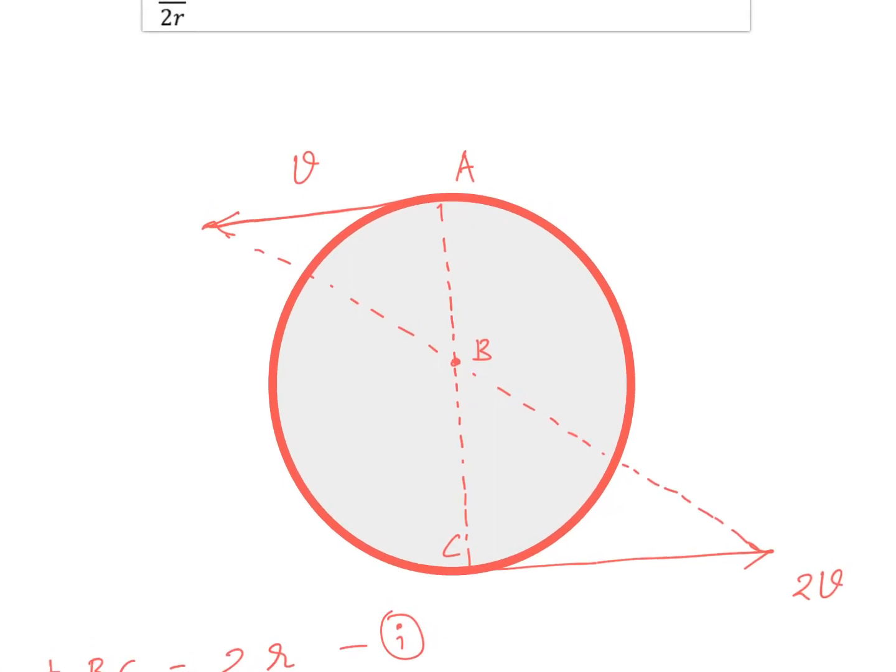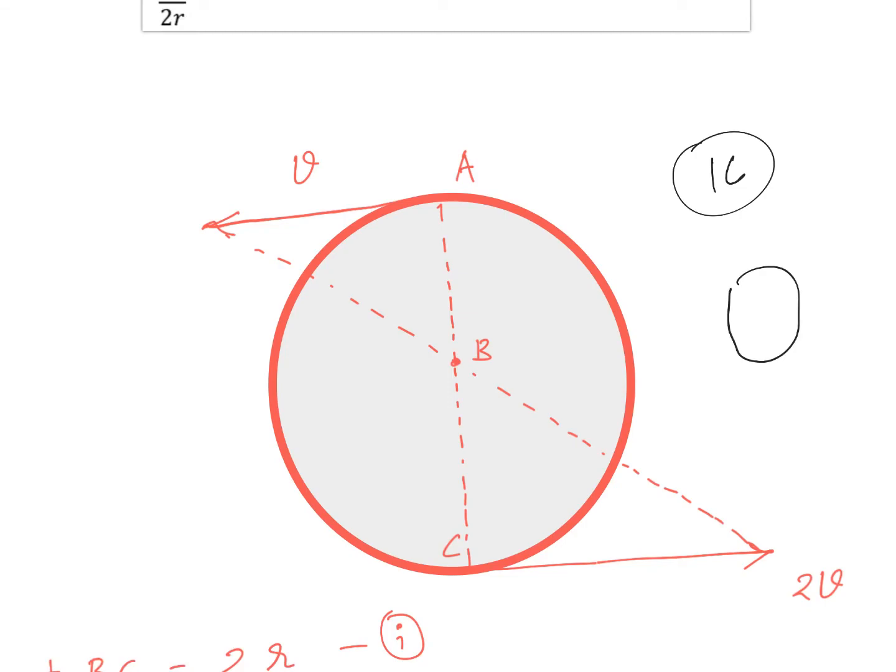Here I'm trying to find the instantaneous center of this system. I have only a little information. I know the velocity of point A, and I know the velocity of point C as well. Now I need to find the instantaneous center.